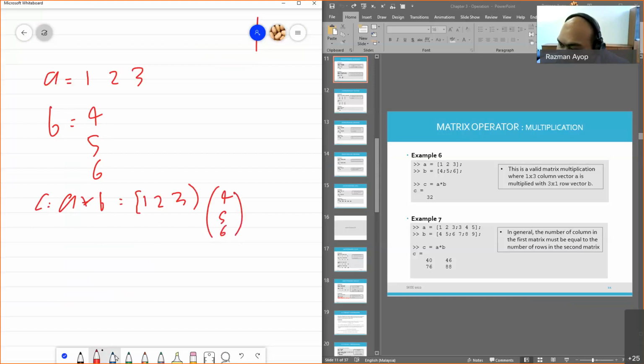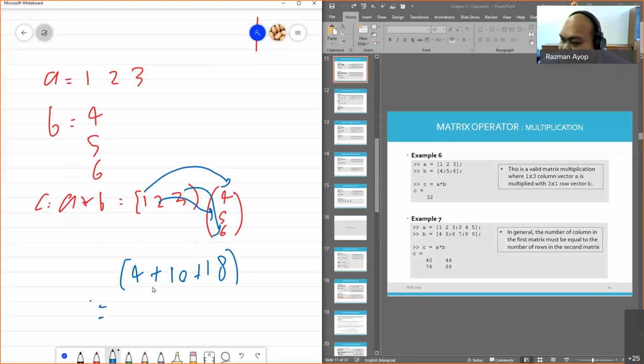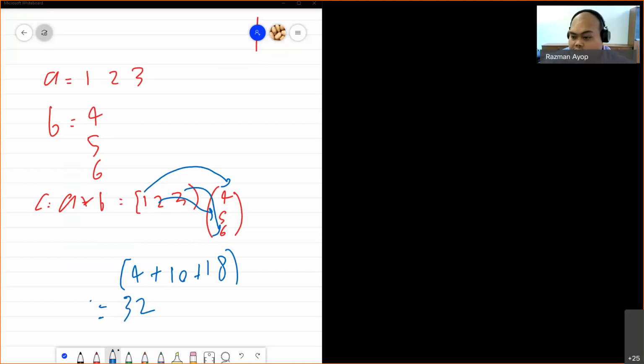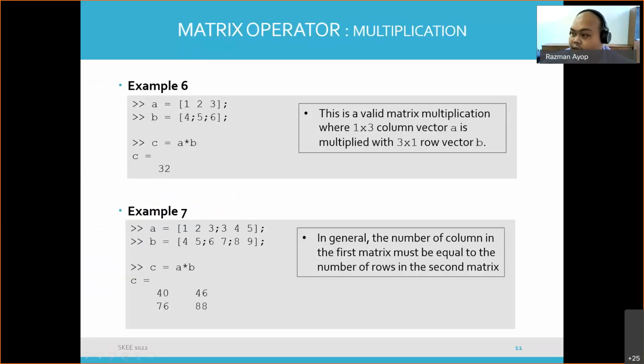So basically, 1 multiplied by 4 is 4, then plus 2 multiplied by 5, you get 10, then plus 3 multiplied by 6, 18. So you will get 32. This is the answer. When it comes to this course, you have to know how to do it manually and how to do it using coding.